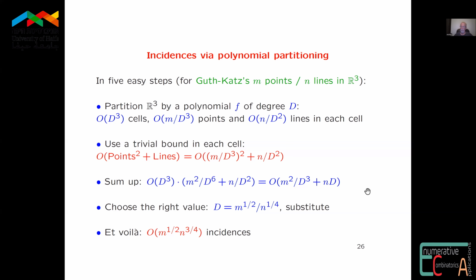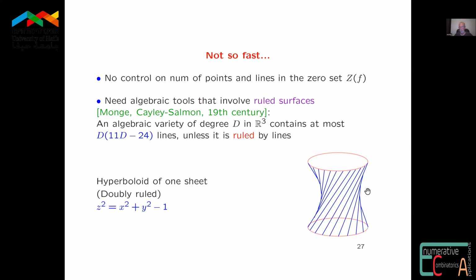There are a few other issues here that I glossed over, but let me just say very quickly that the proof is incomplete because it does not address the points or the lines that lie on the zero set. In fact, all the lines could lie on the zero set if it is a ruled surface, ruled by lines. If it is not a ruled surface, 19th century algebraic geometry by Monge, Cayley, and Salmon tells you that the number of lines in such a surface is only roughly the degree squared.